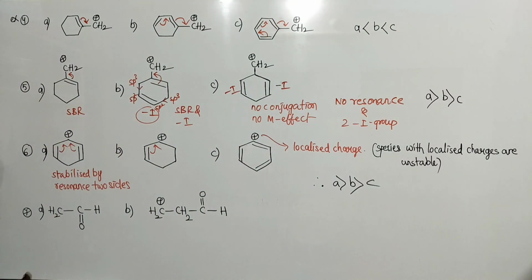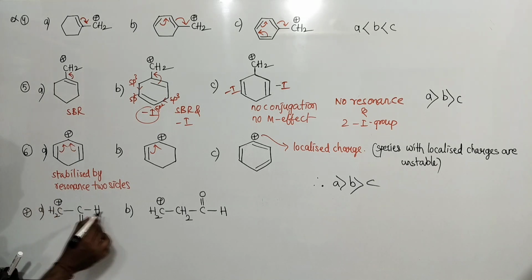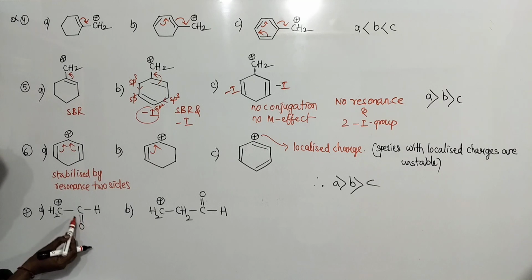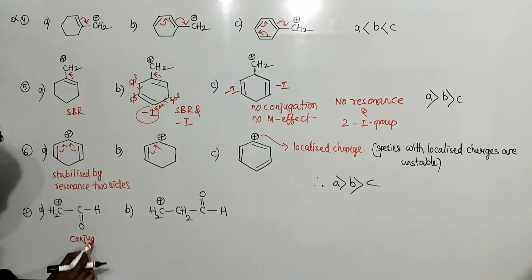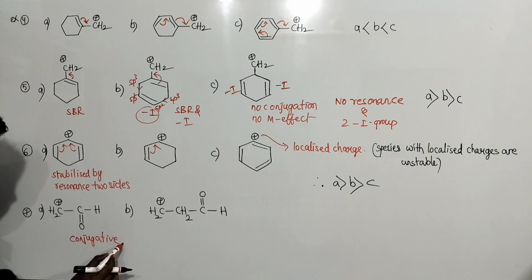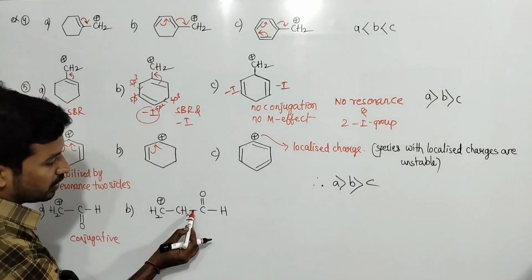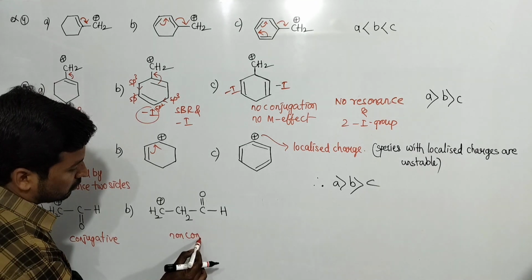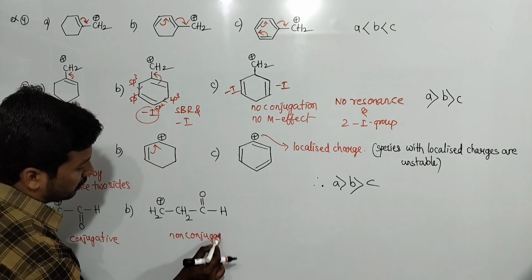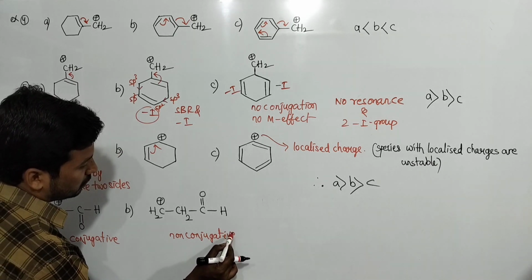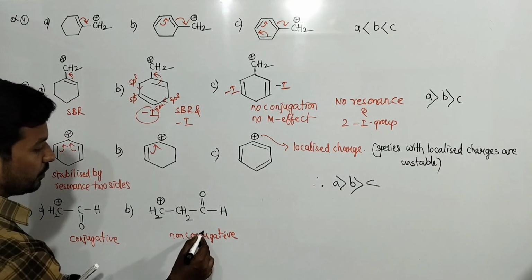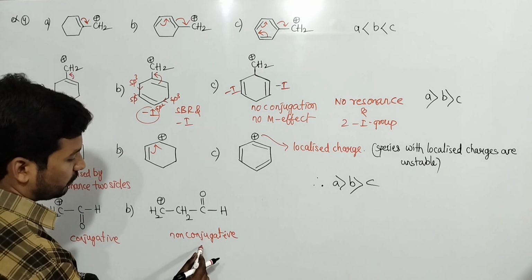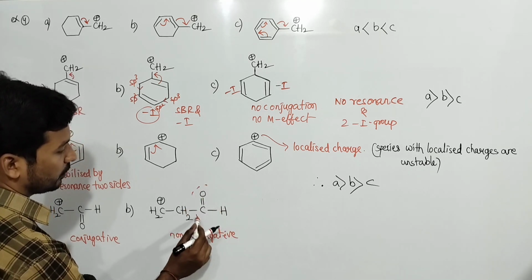Okay. Next here, positive charge. So double bond, single bond, positive charge: conjugative system. Here positive charge, single bond, double bond: non-conjugative, so this is a minus I group.